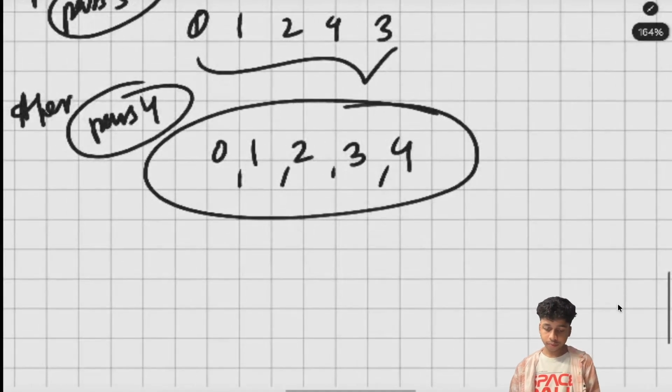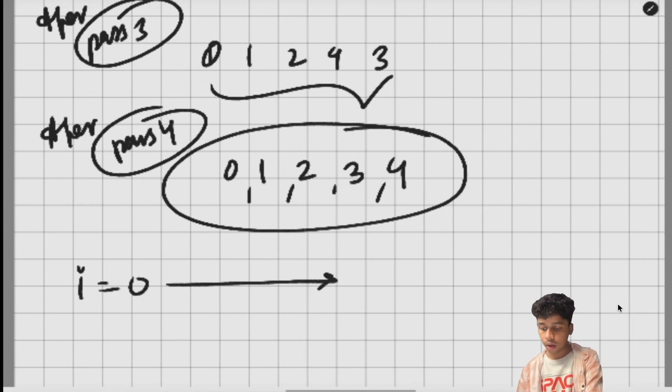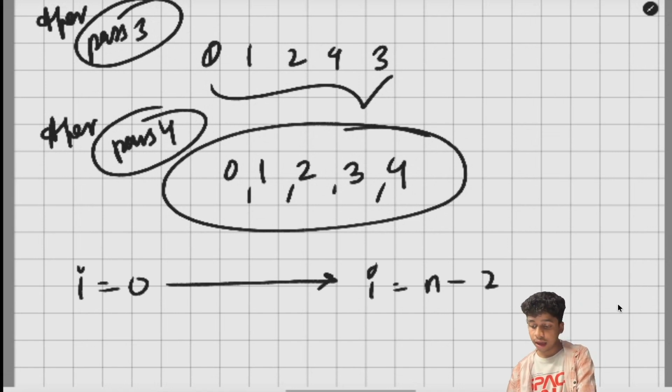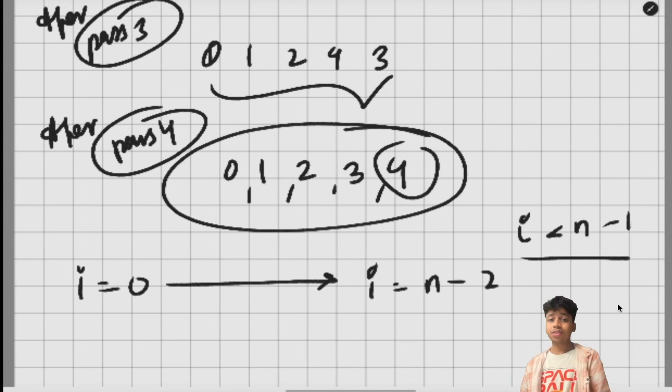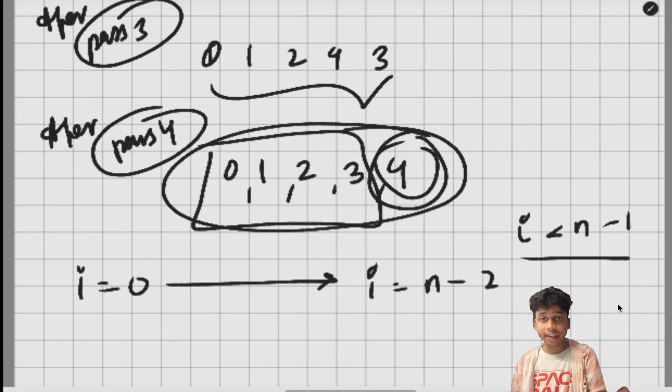So from this you can see our i, or the iteration, is going from i equals 0 up to i equals n minus 2. Why n minus 2? i is less than n minus 1, because if it gets to n minus 1, there is no point of checking that element, because ये वाला LHS part तुम्हारा already sorted है. That means it's already sorted.